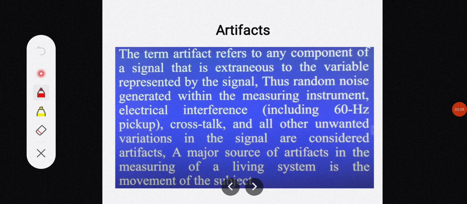Because of the movement of the human body, movement of the measuring device or transducer will take place. Many times these transducers are sensitive to movement. So the movement of the subject will produce variations, or unwanted results, in the output signal.